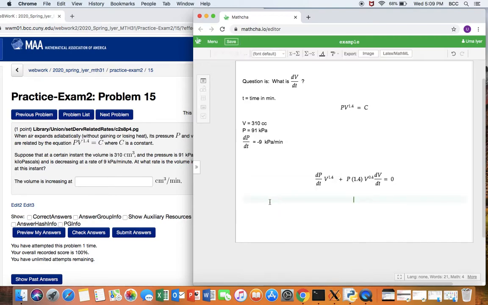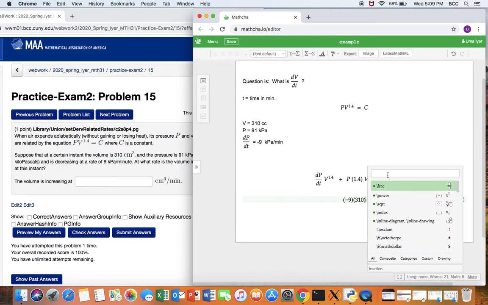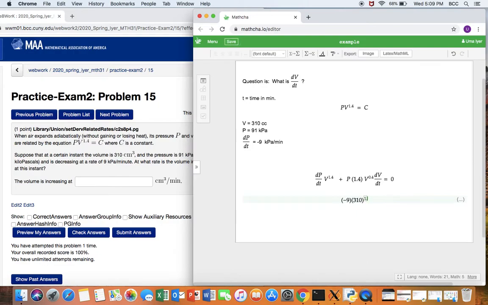So dP/dt is negative 9. V is 310. And we are going to take power 1.4. All right. Plus P is 91.